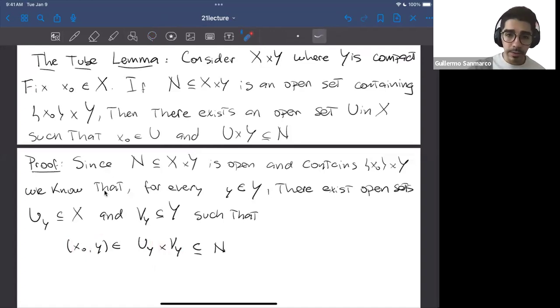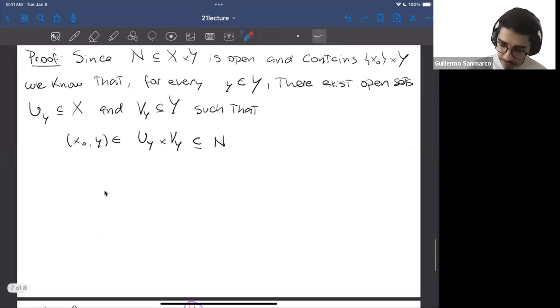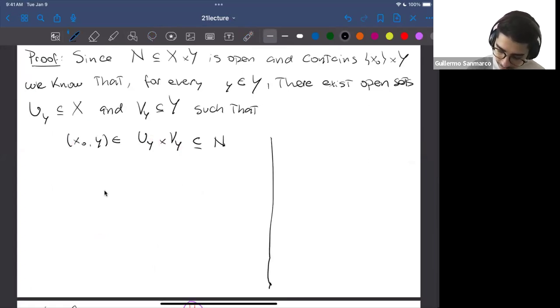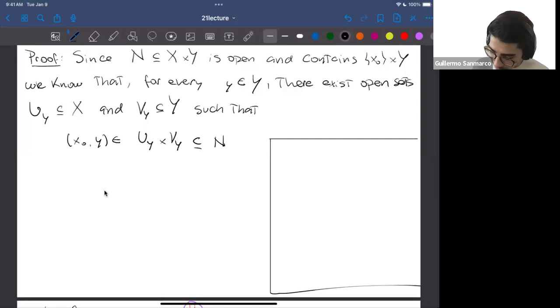So what's the idea now? Now I will need my new picture, where I do need to write the crucial fact that Y is compact. So here's my Y, but it is compact. This is how I will remind myself Y is compact.